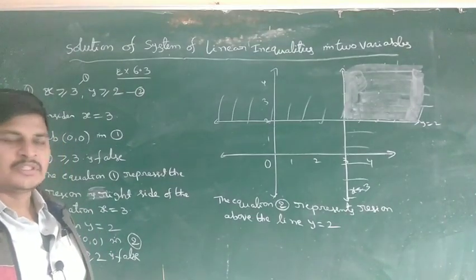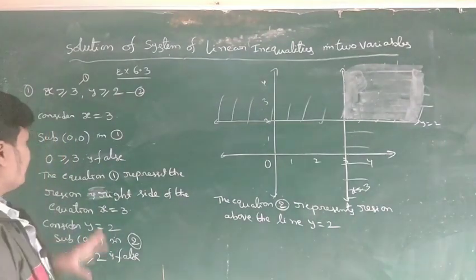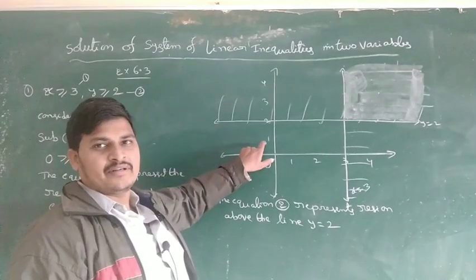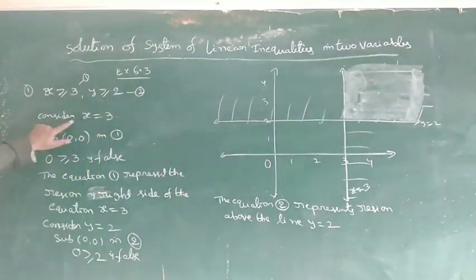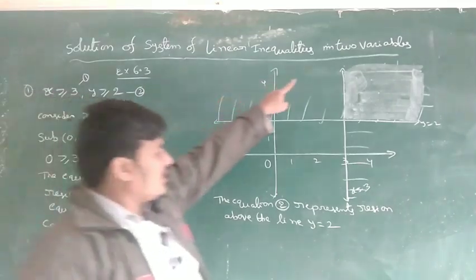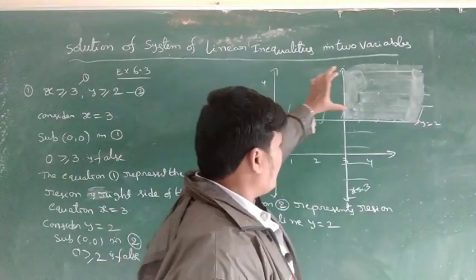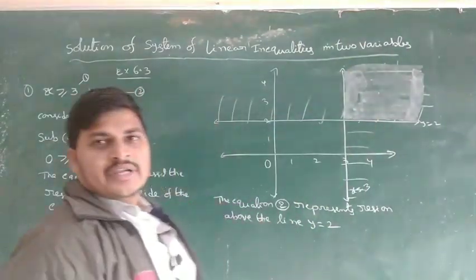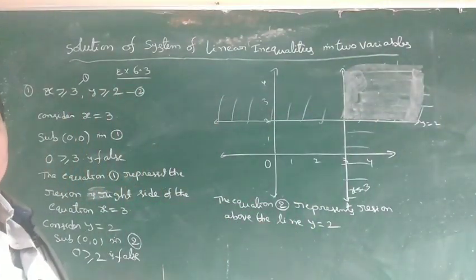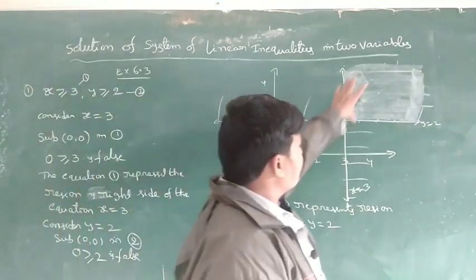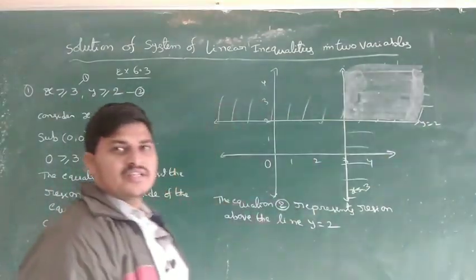The matter is not important, so the diagram is important. First, draw x is equal to 3, this line x is equal to 3, and y is equal to 2, and identify the combined area. The mixed area of the two lines is called the graph.